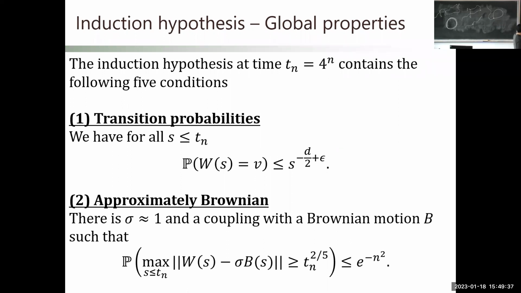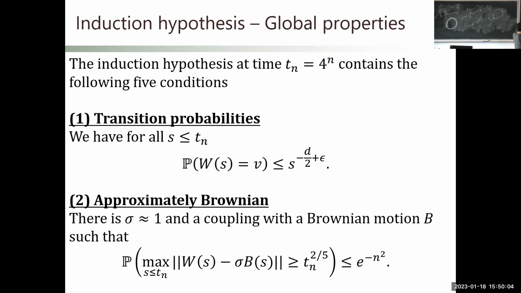You want something similar for the cyclic walk. For simple random walk, the variance of the Brownian motion that you couple it with will be 1, but here the variance will not be exactly 1 because these local interactions will affect you a little bit. But it shows that you can couple them. So the cyclic walk and the Brownian motion are both of order Tn.